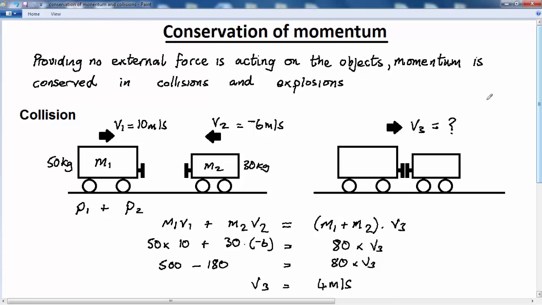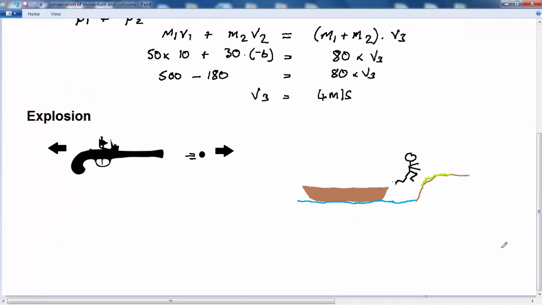Now again, another situation where this conservation of momentum law is applied is where we have an explosion rather than a collision, where things are flying apart. For example, you've got a gun which is firing a bullet, and the bullet will move to the right and the gun will recoil and move to the left.